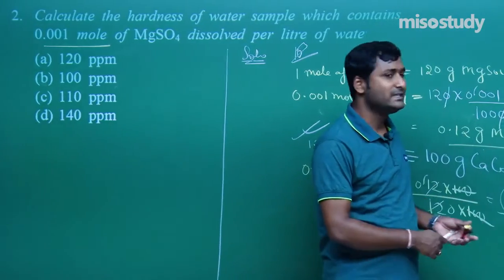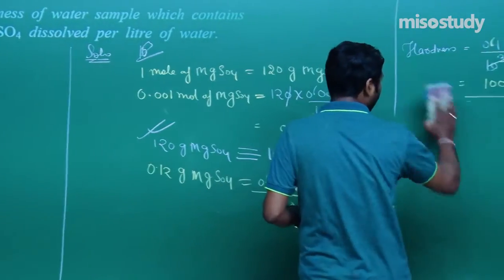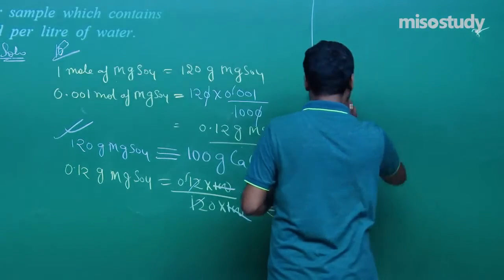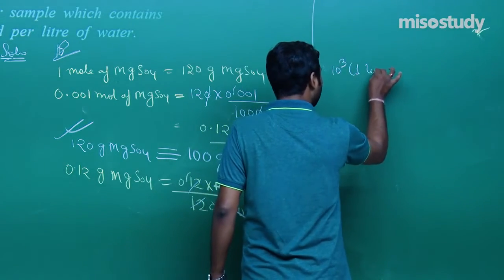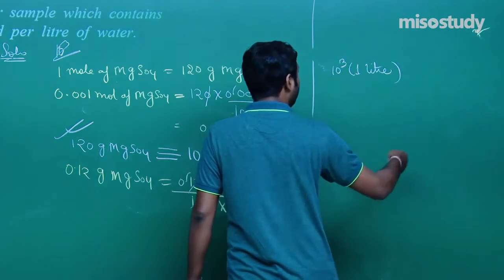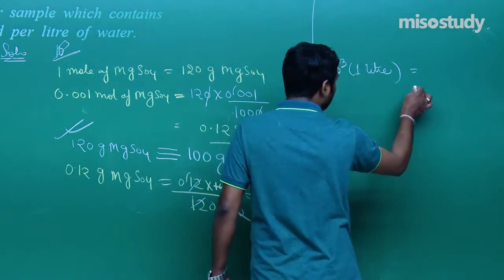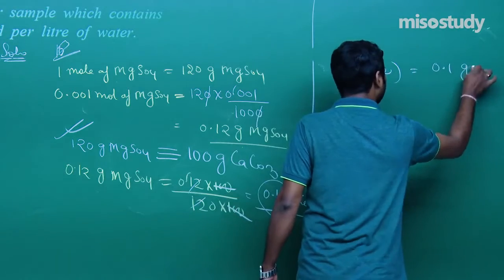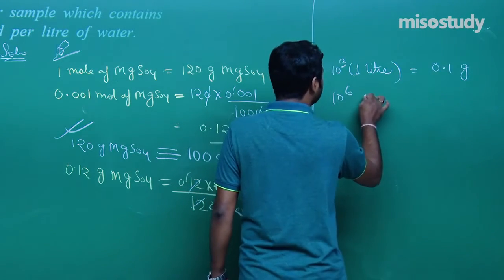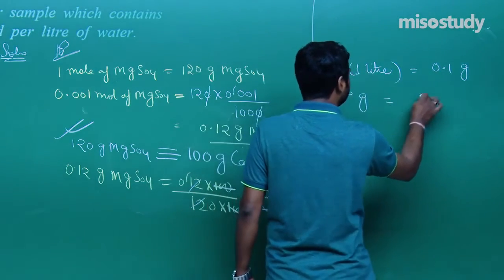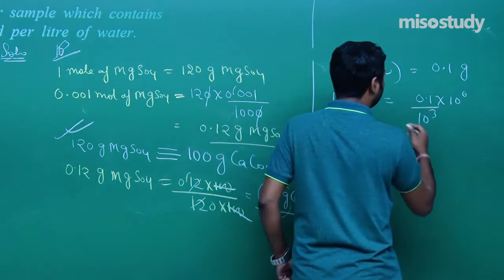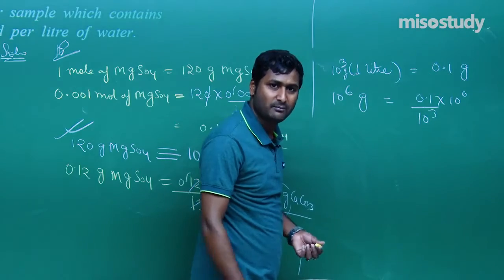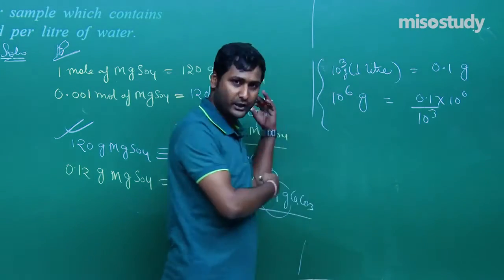So we can easily write. If you have any doubt, I have just written these terms. You can write like this: 10 to the power 3 gram. This is the best method, right? You may be confused. Water contains 0.1 gram, and so 10 to the power 6 gram contains 0.1 into 10 to the power 6 upon 10 to the power 3, we get 100 ppm. Clear to you? This is the concept according to the question.